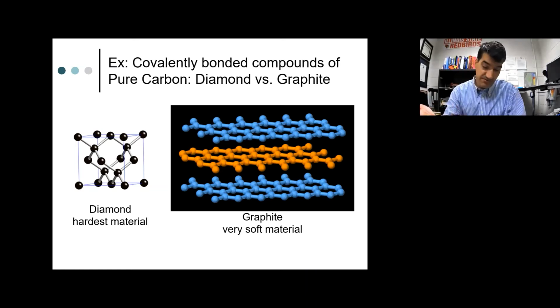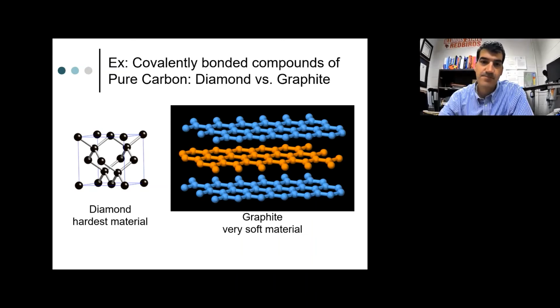Anyway, what I'm trying to get at here is you can have the same material, carbon, and combine it in different structures in different ways, and you can get very, very different types of materials, all based on the bonding. So this is why we're talking about bonding between atoms and eventually between molecules.